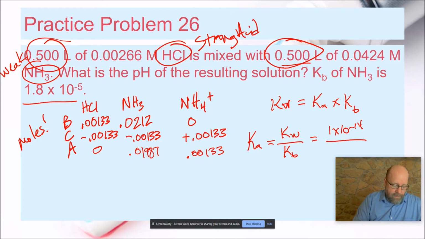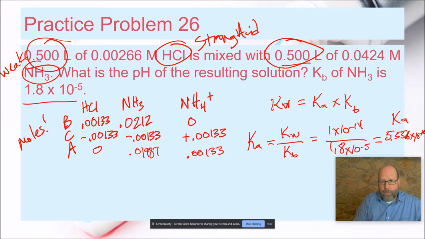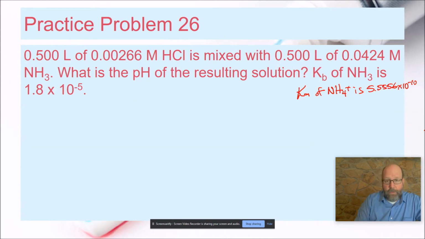And our Kb is right here. It's 1.8 times 10 to the negative 5th. And so that gives us a value of 5.55, let's just say 6 times 10 to the negative 10th. That's going to be our Ka of the NH4+. Okay, so we've got our Ka here that we figured out.